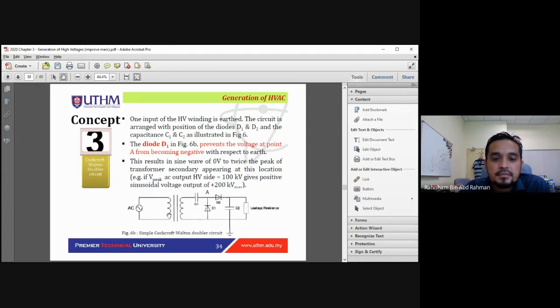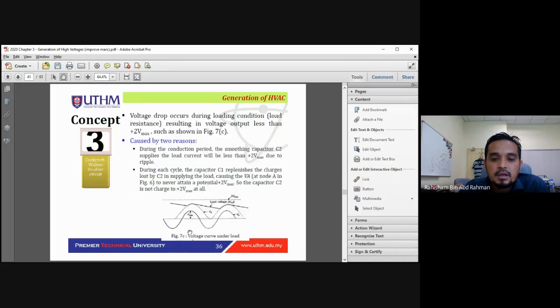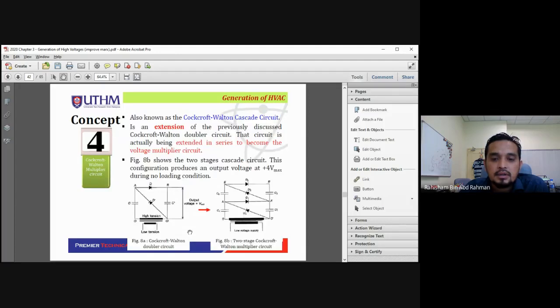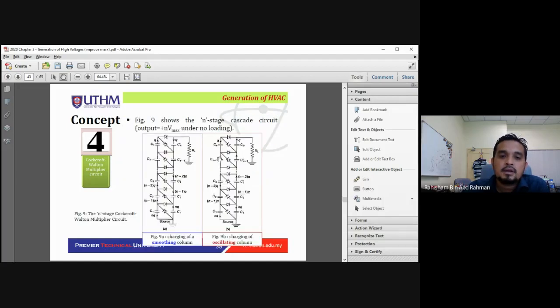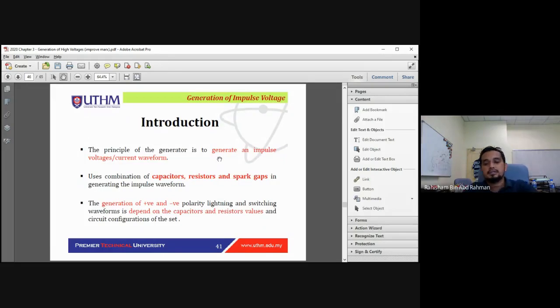And we also have the multiplier circuit, in which we cascade the voltage doubler, into 1, 2, 3, and so on, to give us the multiplier circuit. So it's just the same as the cascaded transformer for the HVAC.